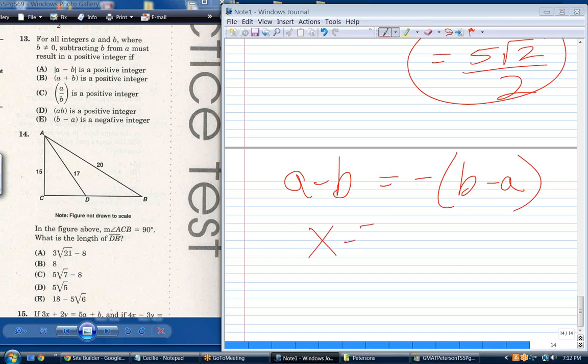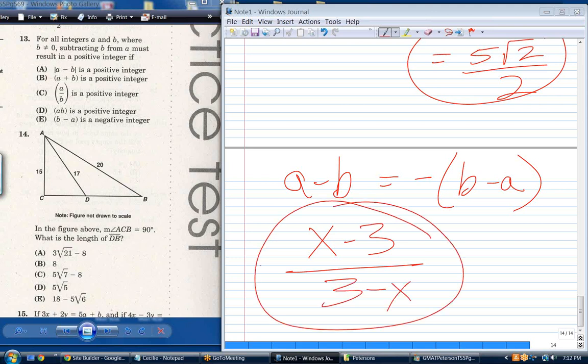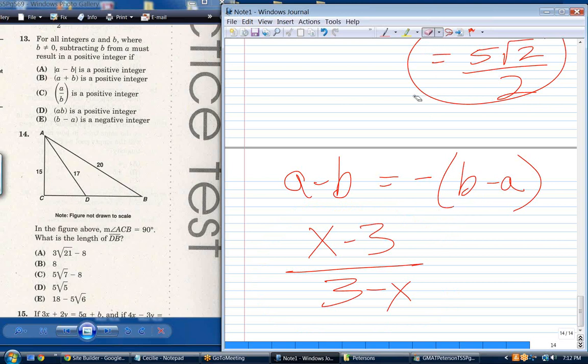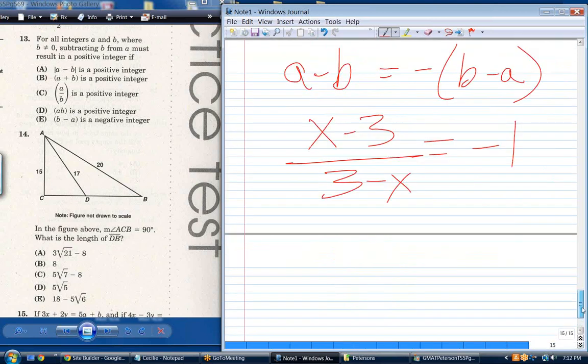If I ask you, what is this equal to? It's negative 1. Because I can write it in the following way: x minus 3 over a negative 3 minus x.